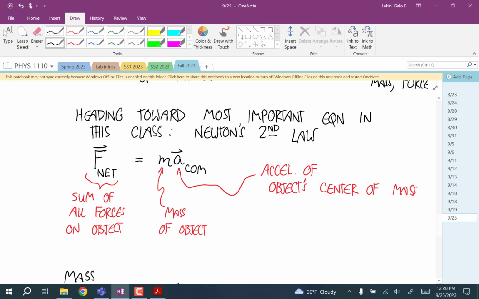What happens to the vector when you multiply it by a positive number? Yeah, it can get smaller too, but what it does do is stay in the exact same direction. Okay? And so Newton's second law says an object's acceleration is always in the same direction as the net force vector.